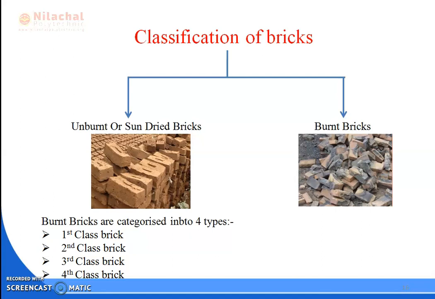These are known as unburnt or sun-dried bricks, and they are temporary and cheap structures and can also be used for construction purposes. Next is burnt bricks. The bricks used in construction work are called burnt bricks, and they are categorized into 4 categories: first class brick, second class brick, third class brick and fourth class brick.